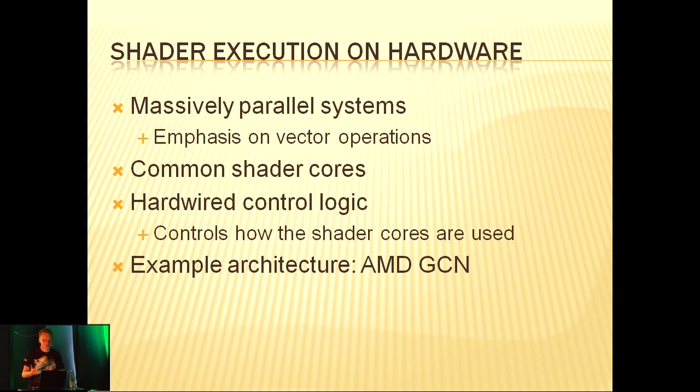So it's logical that it shares common shader cores that it uses as its workhorse, and there's a set of hardwired logic that controls how these cores execute the instructions.